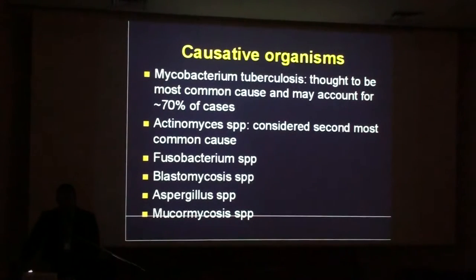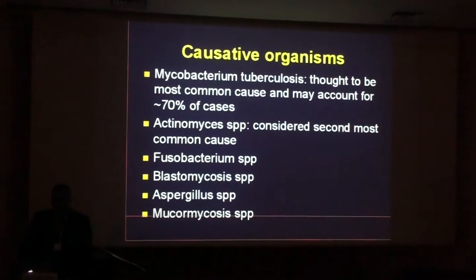The most common cause of those infections that can cross the chest wall is Mycobacterium tuberculosis, which we can see in a patient population with this organism, or recent travelers, or people who get in contact with patients with this organism.